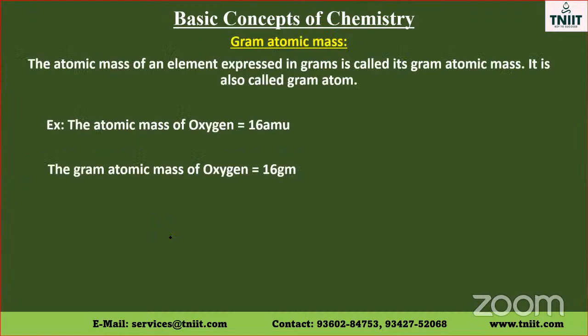Atomic mass of an element expressed in gram is called gram atomic mass. It is also called gram atom. Example, the atomic mass of oxygen is 16 atomic mass units, or the gram atomic mass of oxygen is 16.